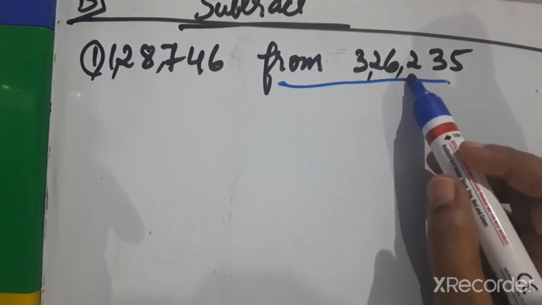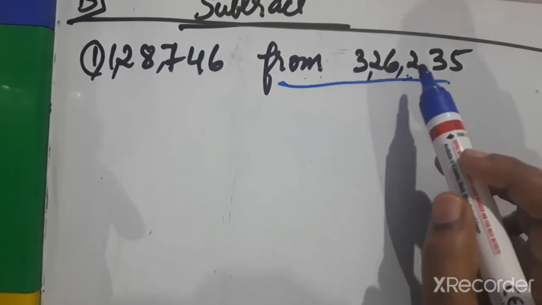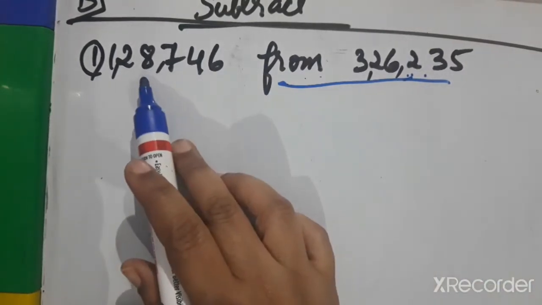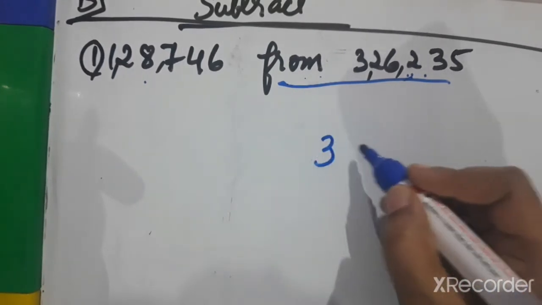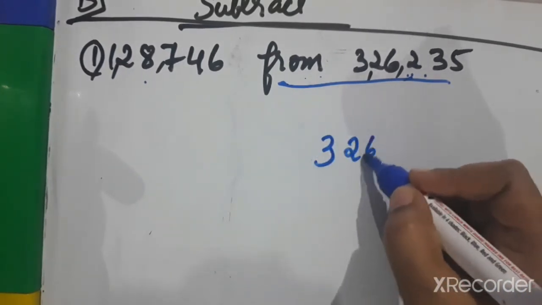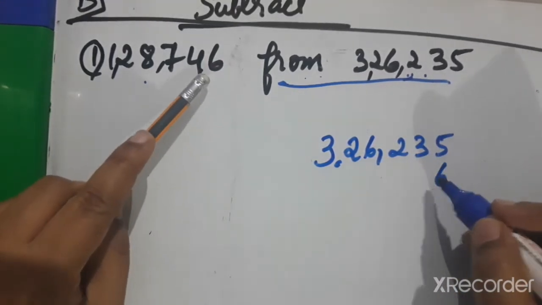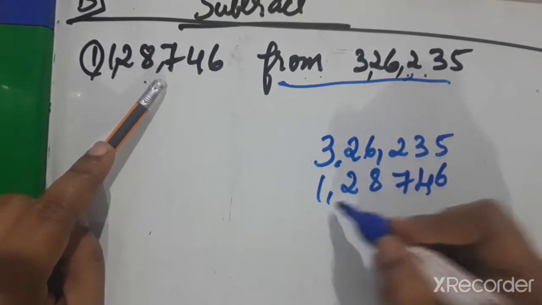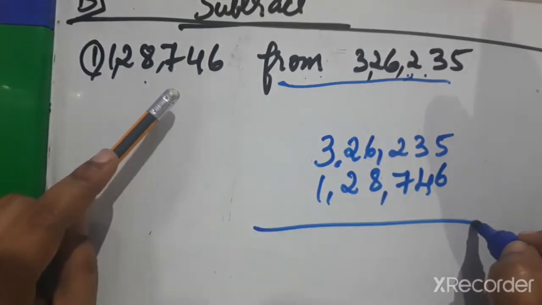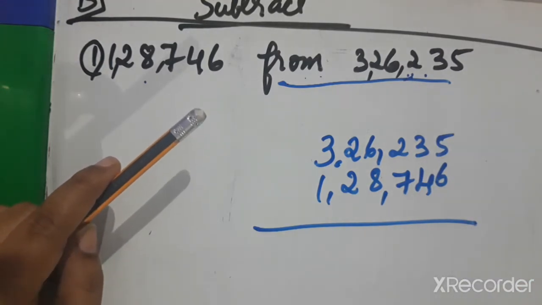That number we have to write first, because this is greater than 1,28,000. So always, subtraction means the greater number should be in the first line. 3,26,235 minus 1,28,746. Arranging numbers according to the place value is very important, children.